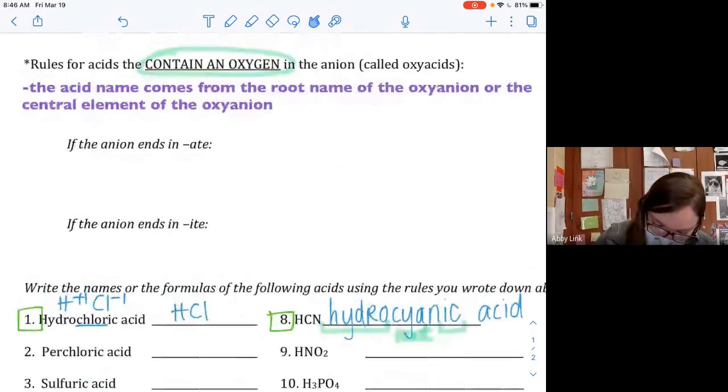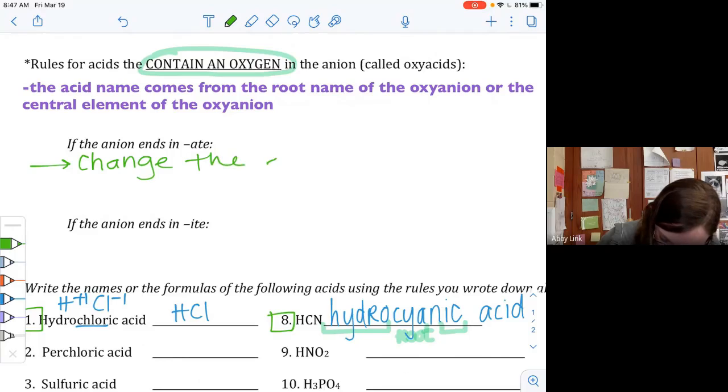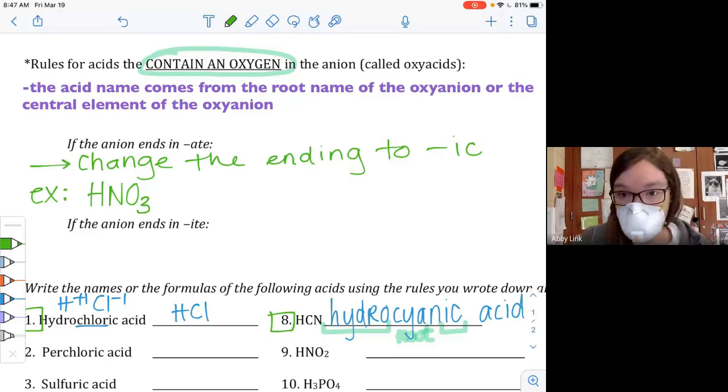Okay. So if the anion ends in ATE, you are going to change the ending to ic. All right, so let's do an example. HNO3. First thing I notice is that this definitely has oxygen in it.